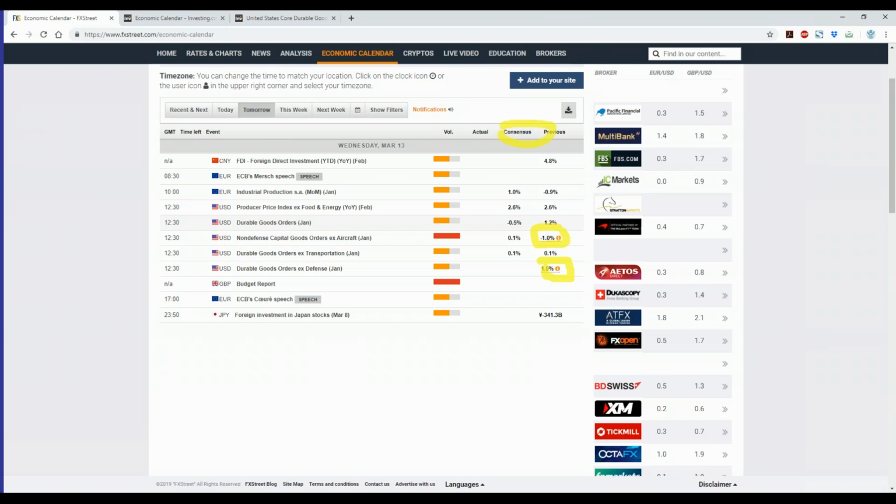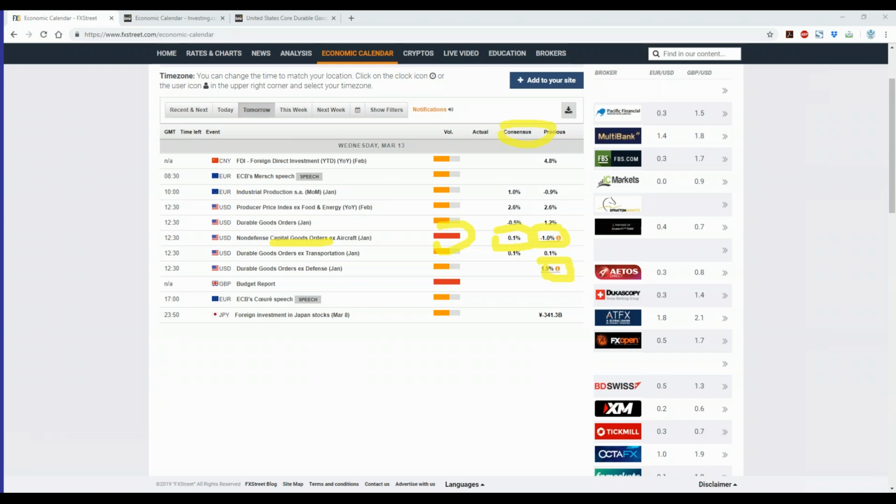So depending on where the individual site is getting their forecast, because it's not part of the data feed, okay, we might see some variation. So we can see for tomorrow's report, we're expecting a 0.1% increase in capital goods orders or core capital goods orders.